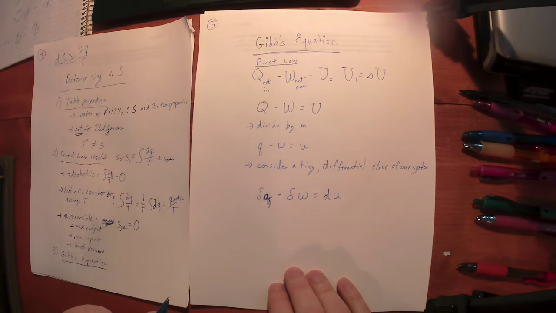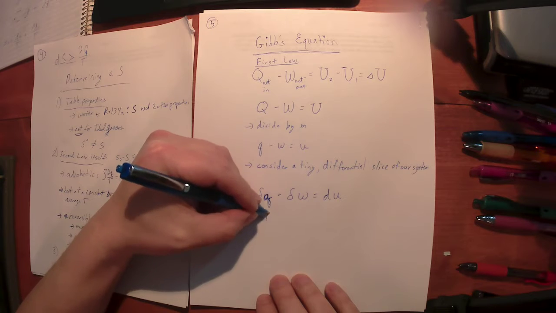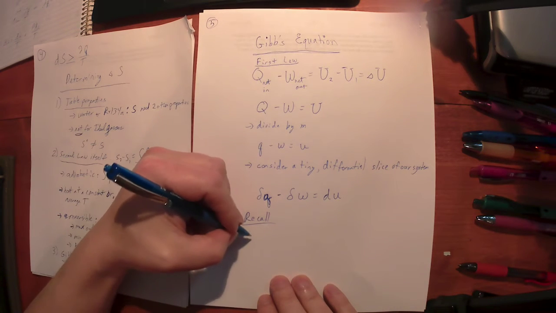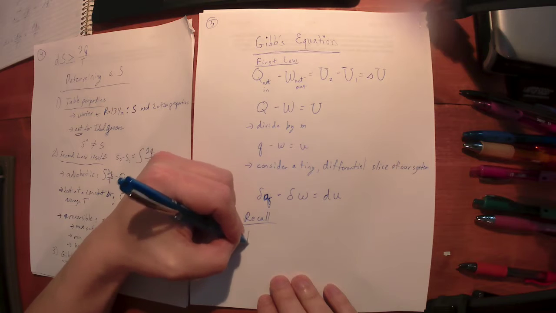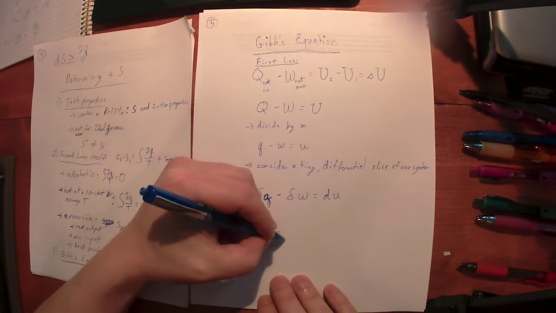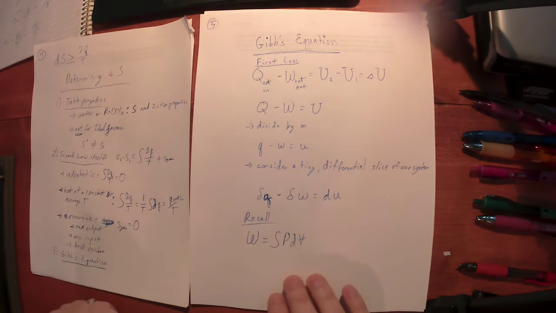All right. Now, if you will recall two things for me. Okay, recall two things for me. First, remember that the boundary work is equal to the integral of pressure with respect to volume.